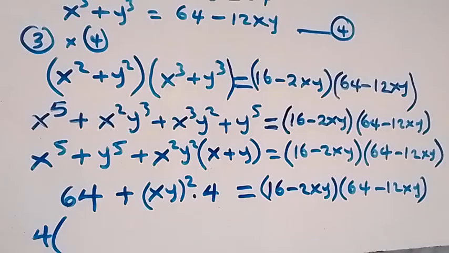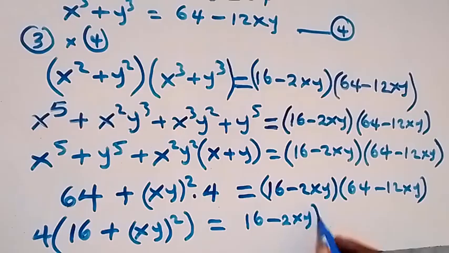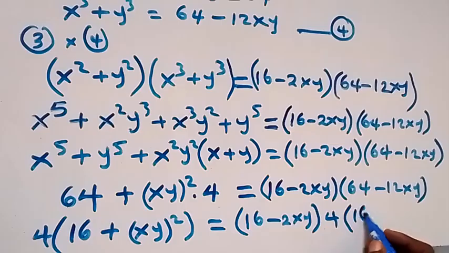What we have left here is 16 plus xy squared, which equals, this bracket is still 16 minus 2xy. Then from this other bracket we factor 4 out as well. That's 4 times, and here also remains 16 minus 3xy.